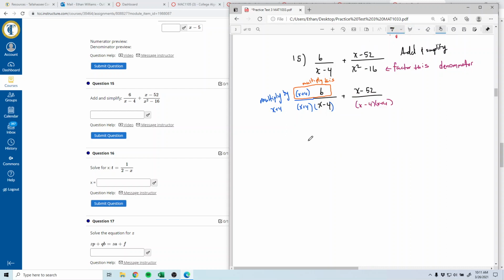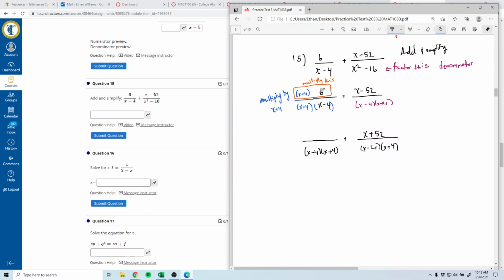Okay, so I'm going to rewrite everything else that we have so far. We haven't done anything to the x plus 52 at all. I'm not changing the x plus 4 times x minus 4. Probably not change the order. So x minus 4 and x plus 4 are the denominators for each as we want.